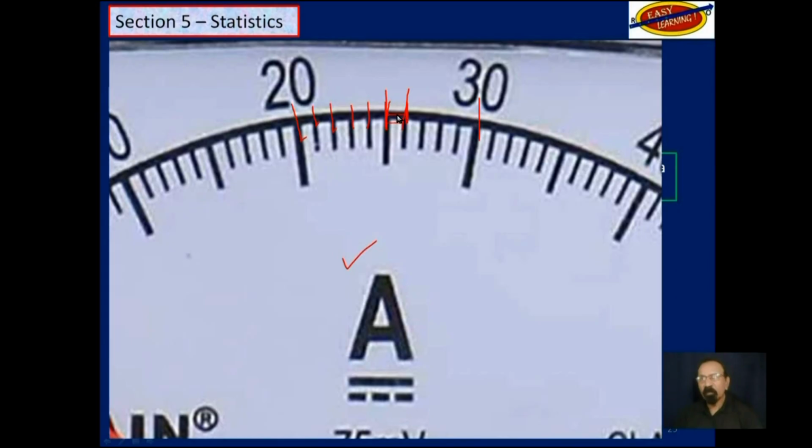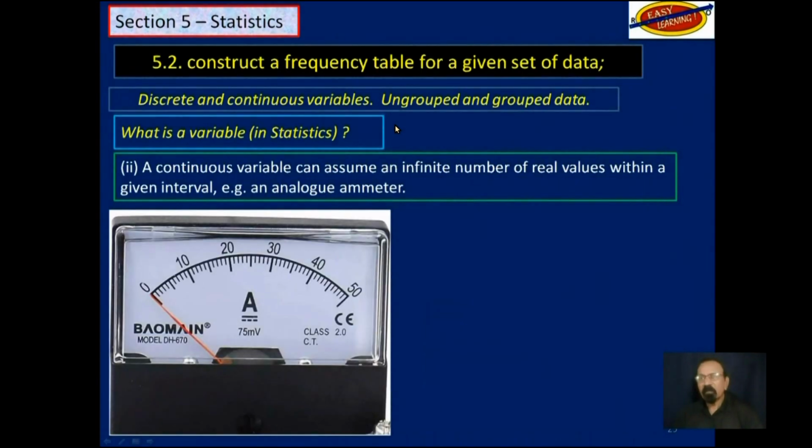As the needle moves from 25 to 26, there are millions of readings you can get. Of course, for practical reasons, we will have to maybe round it off to maybe 25.5 or so. So you have an infinite number of real values within a given interval.